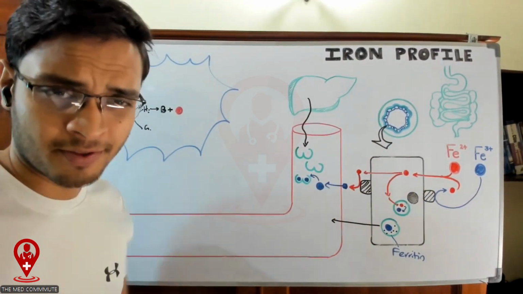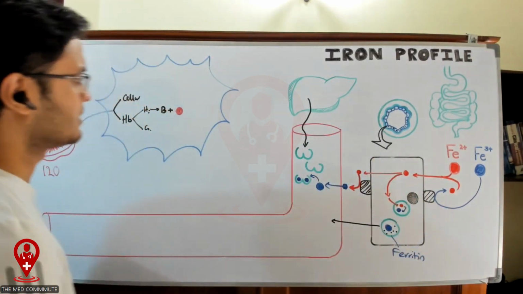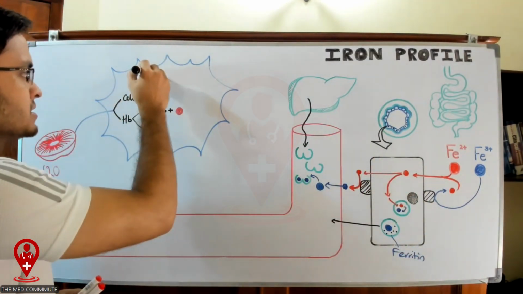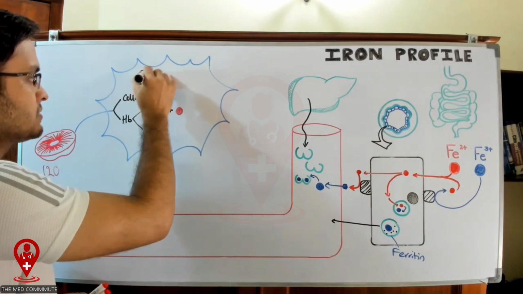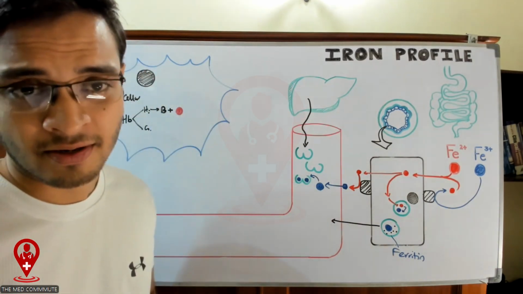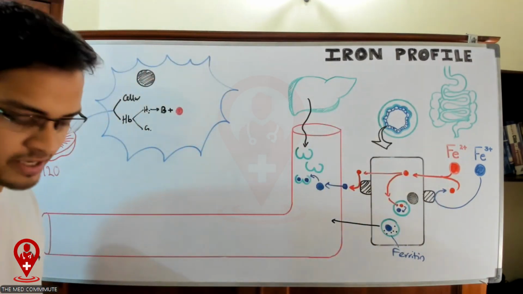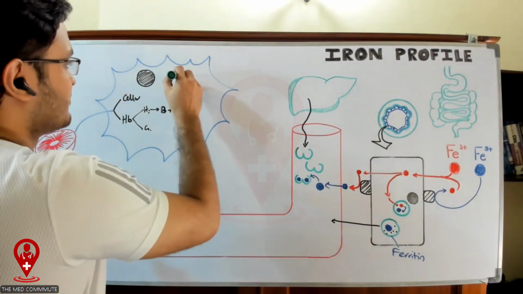What is going to happen to this iron? Look at this, guys. Just like our duodenal mucosal epithelial cell, our Kupffer cell also has a nucleus, and this nucleus codes for certain proteins. One such protein, just like in our duodenal mucosal epithelial cell, is the apoferritin we drew before.